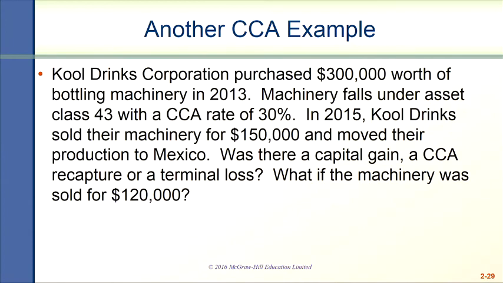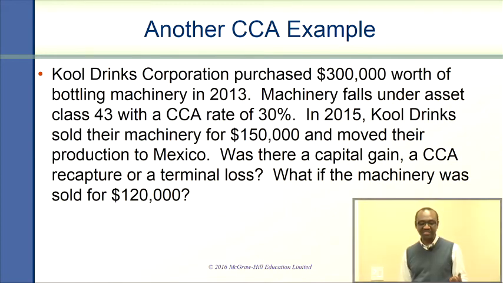So here's another example. We're looking at Cool Drinks Corporation, which purchased 300,000 worth of bottling machinery in 2013. Machinery falls under asset class 43 with a capital cost allowance rate of 30%. In 2015, Cool Drinks sold their machinery for $150,000 and moved their production to Mexico.